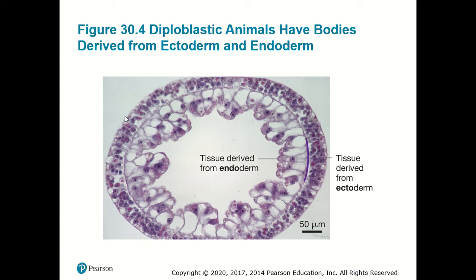Now, there are also triploblastic animals, meaning that they have three layers. So you're looking at two layers here, and then there would be another layer right in between the two layers, and that's called the mesoderm. As I mentioned, these layers develop after fertilization.